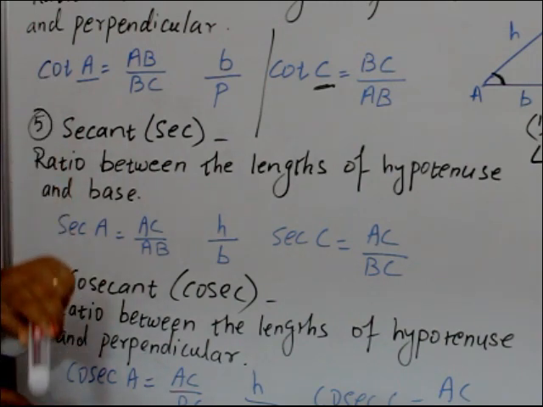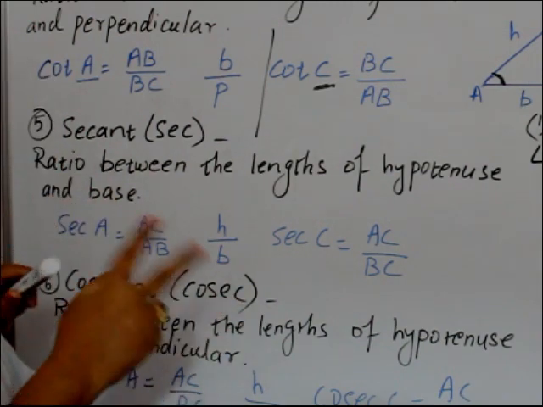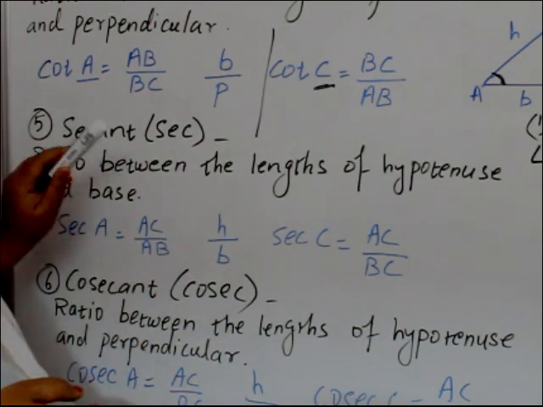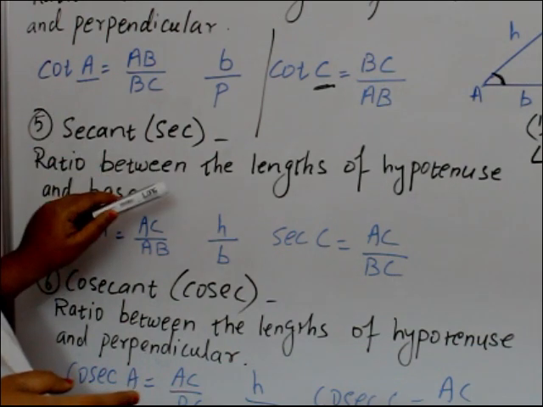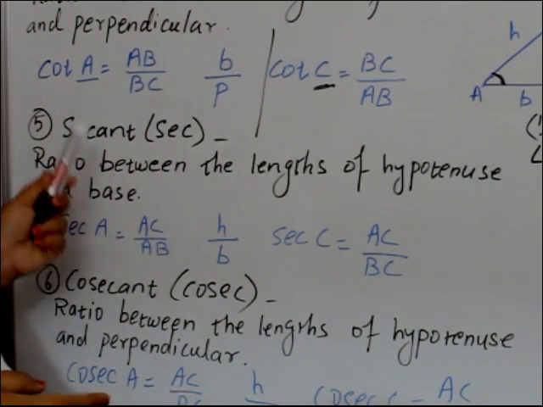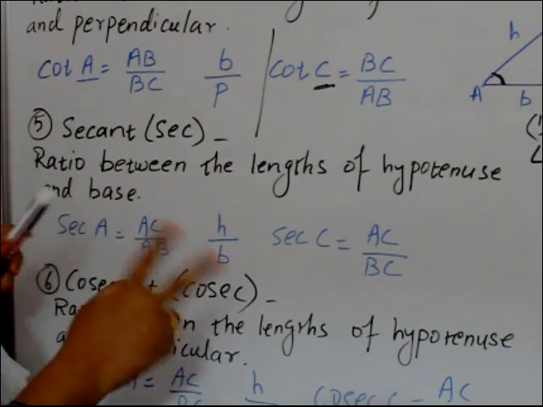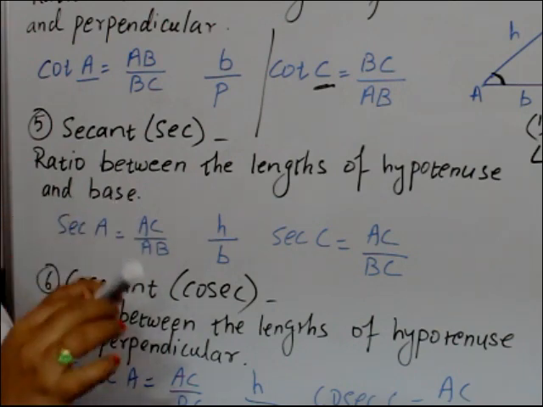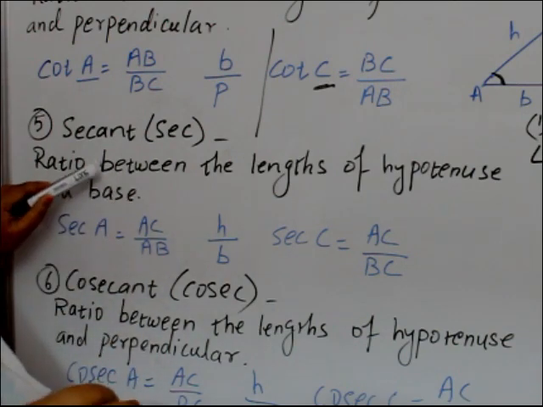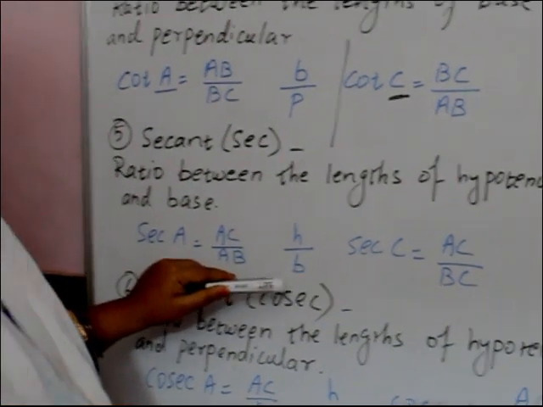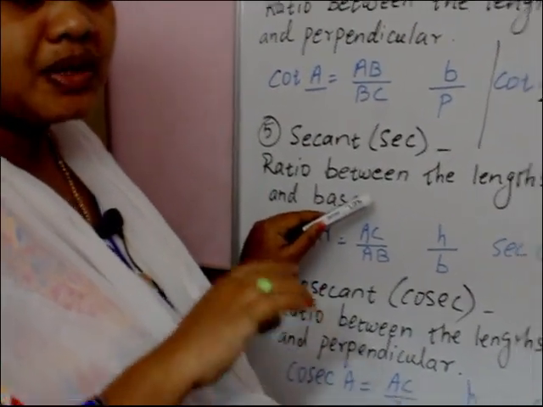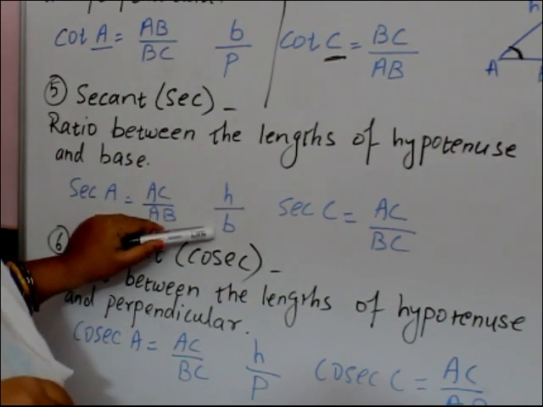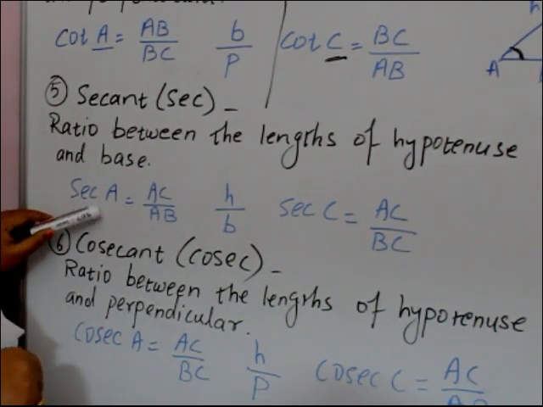Secant and cosine are reciprocal of each other. Cos is B by H, whereas sec is H by B.